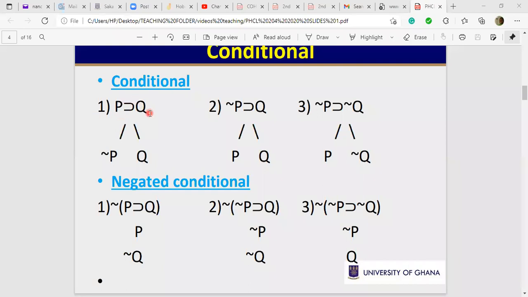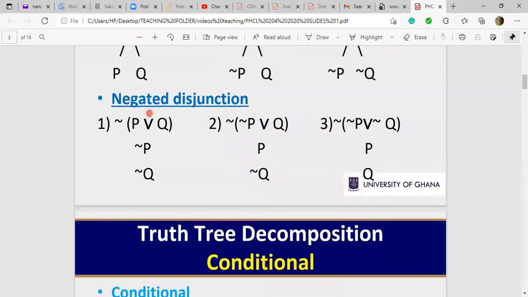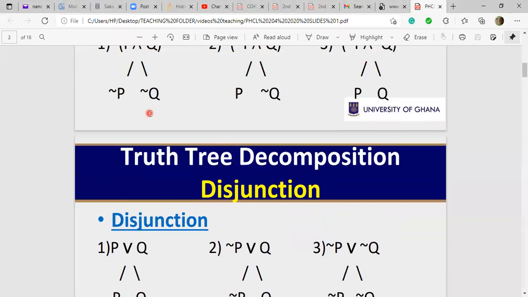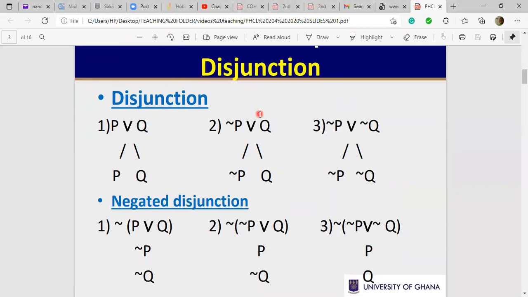So when I finish telling you that, then I come and ask you, identify the antecedent in this formula. It could have been an exam question. Then I'll give you options: A, not P; B, Q; C, not Q; D, none of the above; E, all of the above.